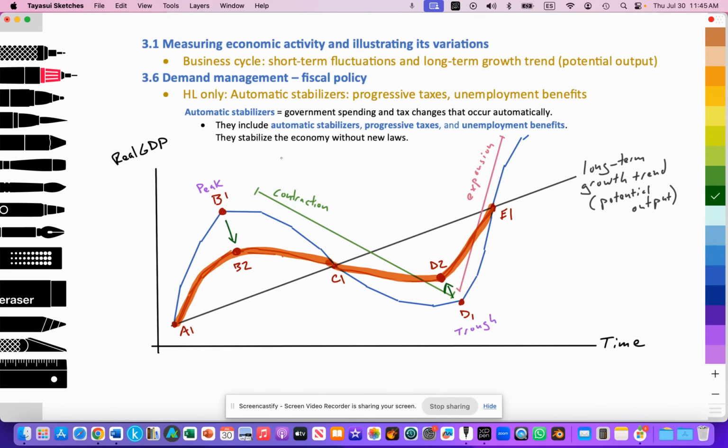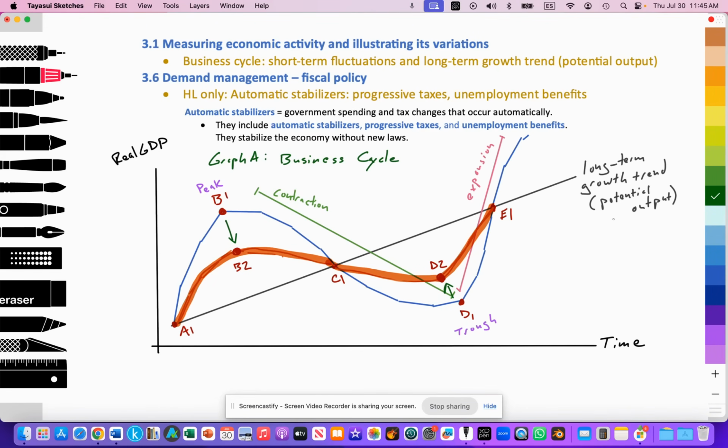Here we have the business cycle. It's graph A. Okay, and on the x-axis we're measuring time, the y-axis we're measuring real GDP. We have an upward sloping long-term growth trend showing our potential output when we're at the natural rate of unemployment.